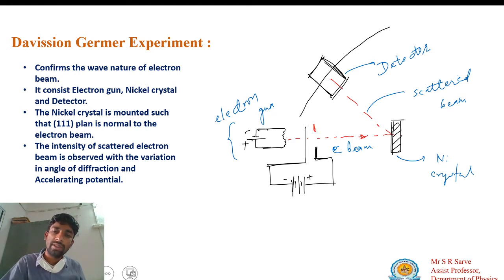This one is known as the slit, you can take it as S, and this is your cathode potential.